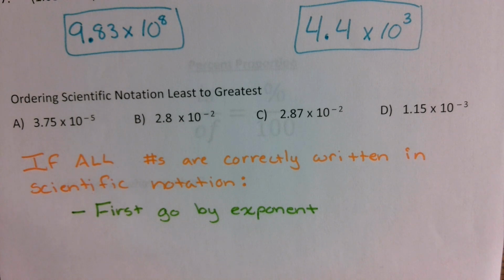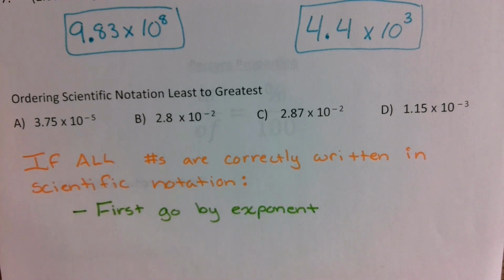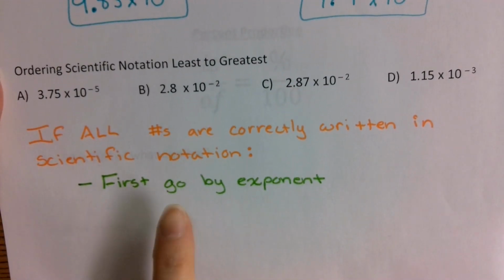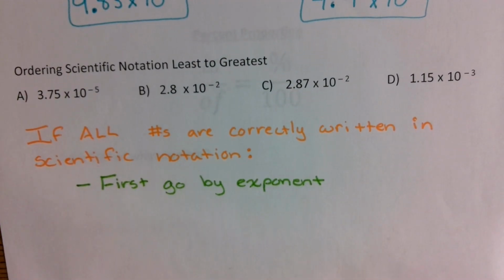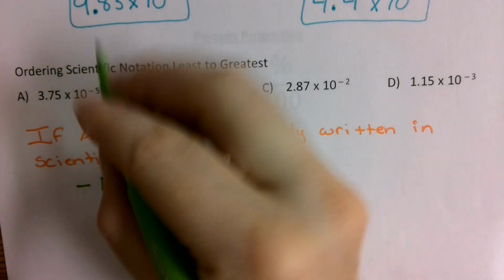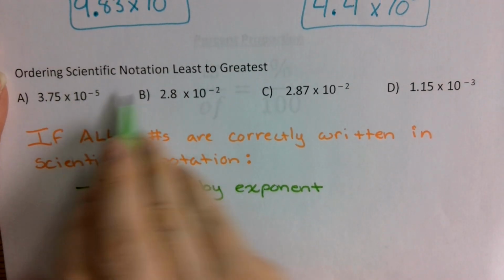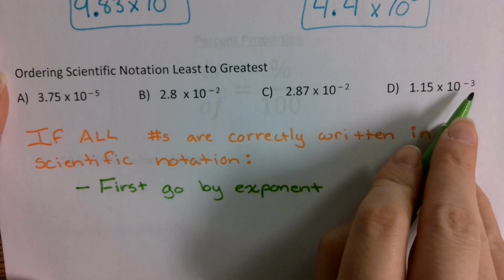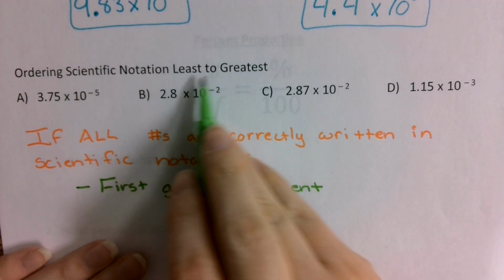You want to compare those values in scientific notation form, because then you just go by the exponent to start with. So here we've got these exponents. We've got -5, -2, and -3. We want to go from least to greatest.